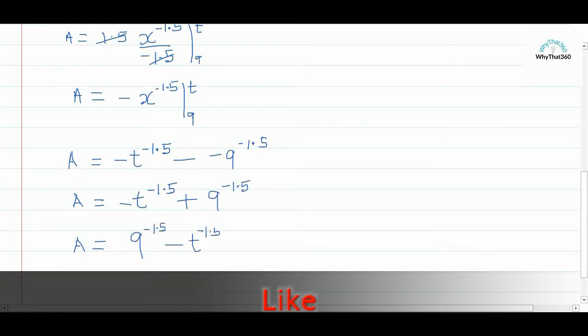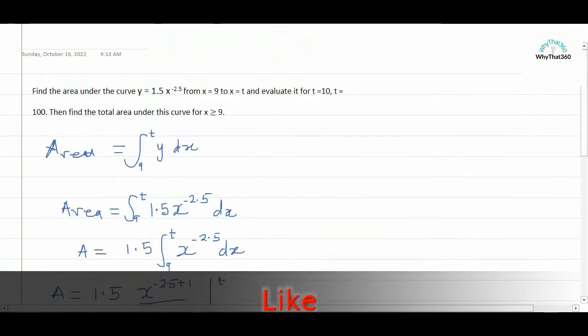Either of them is correct. So this is the first part of the question, which says we should find the area under the curve from x equal to 9 to x equal to t. That one is done.